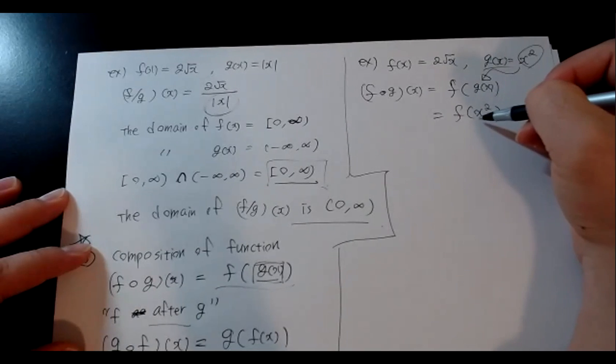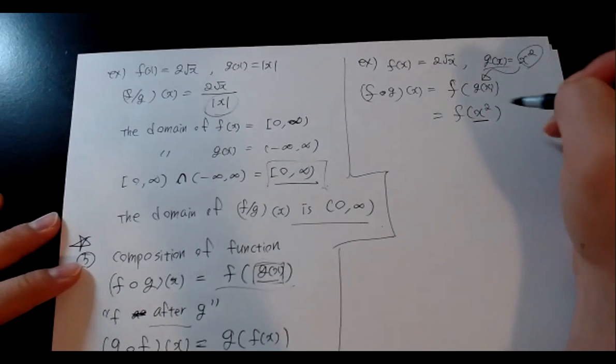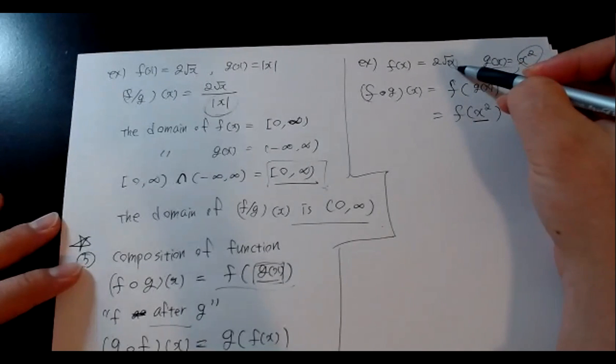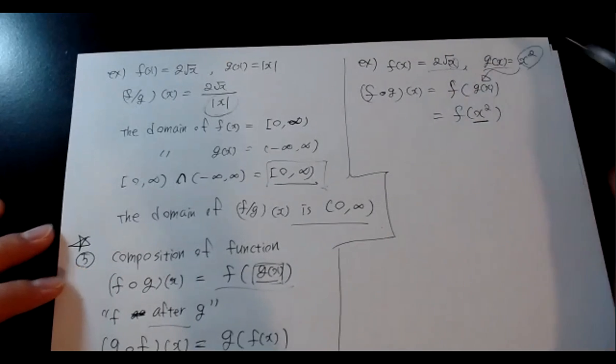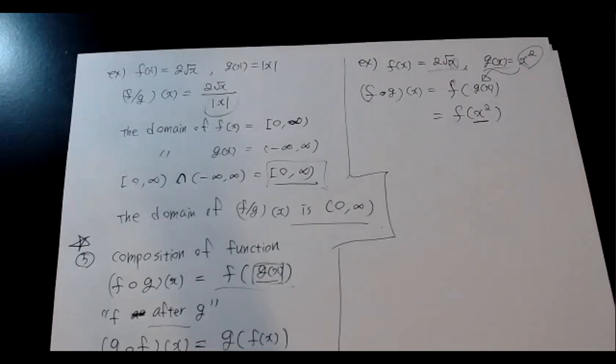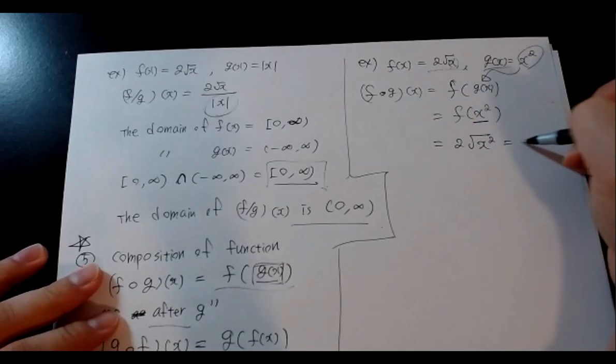Now x squared becomes the new input in the function f, so we replace x. Here we only have one single x, but you have to replace every single x on the right hand side of function f by x squared. So that's going to be 2 times square root of x squared, which is 2 times x, right?